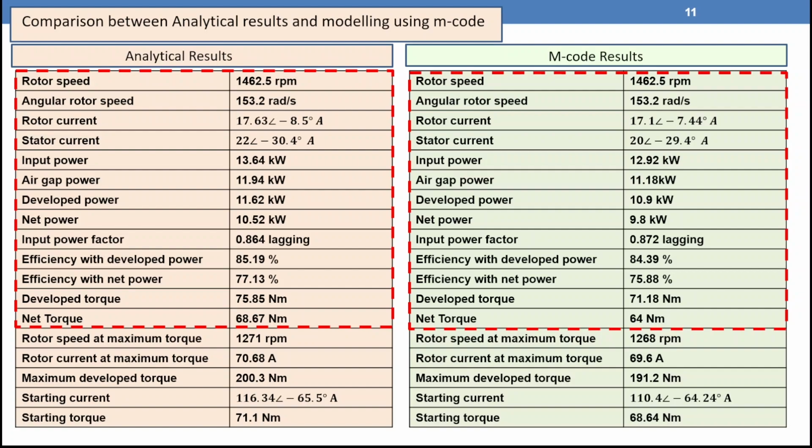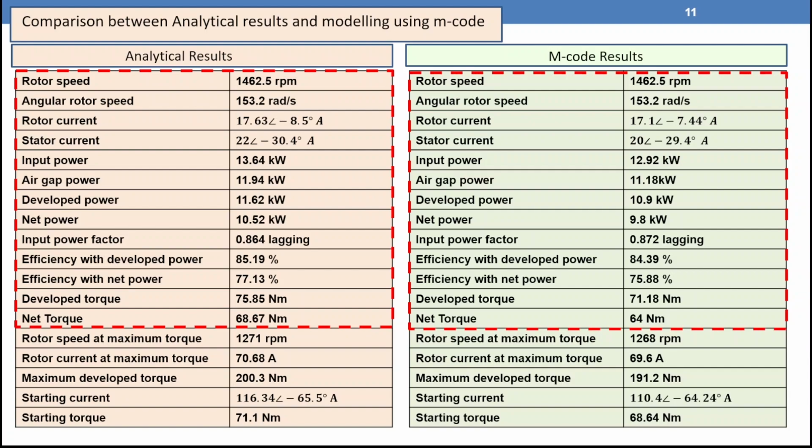The starting current from the M-code is 110.4 ampere, but for the analytical results something like 116 ampere. And that one is going to be reflected in the starting torque as well, where the starting torque in the M-code is 68.64 Newton meter and 71.1 Newton meter.